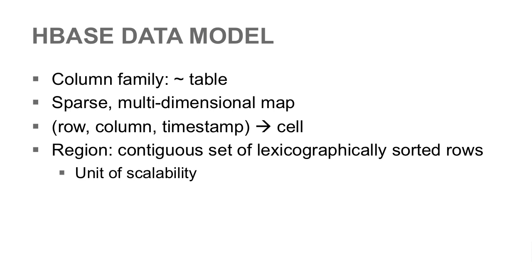This is something that we call a cell. It is interesting that we are storing the timestamp. That gives us the possibility to run queries in which we can ask, how did the data look at a particular point in time? Then we have regions, which are contiguous sets of lexicographically sorted rows. They basically represent a unit of scalability in the system.